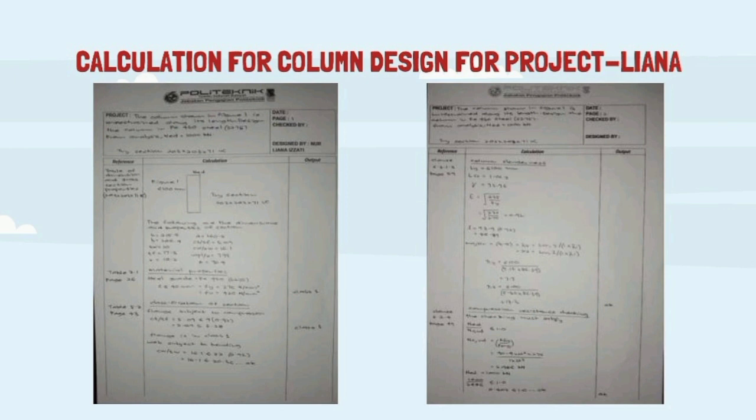Flange is class 1. Web subject to bending, Cw divided by Tw equals 16.1, smaller than 30.36. The result is okay.